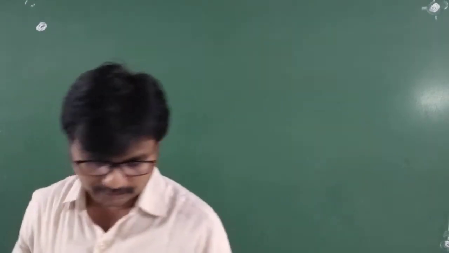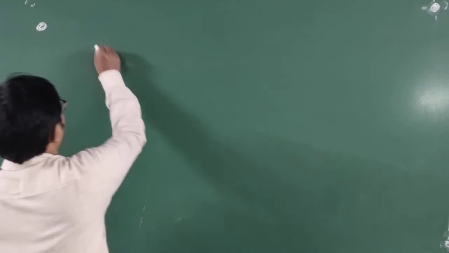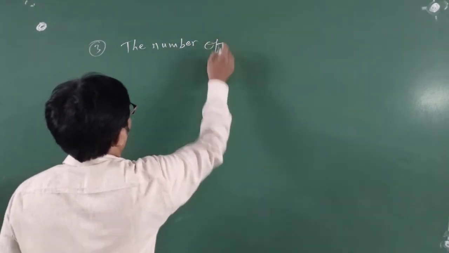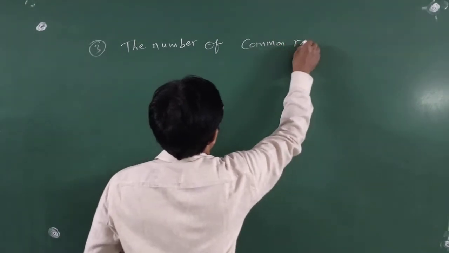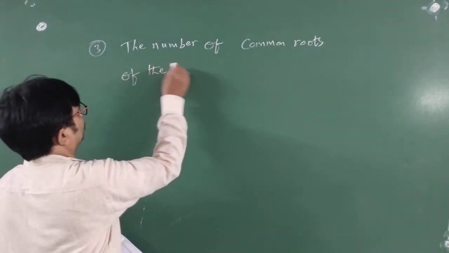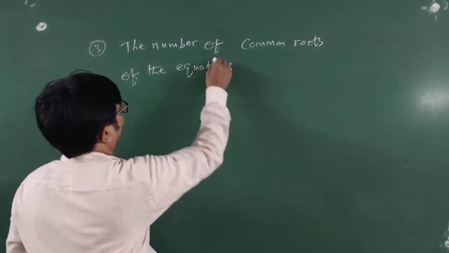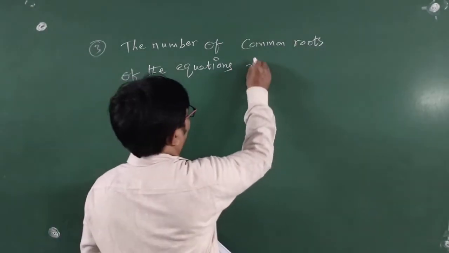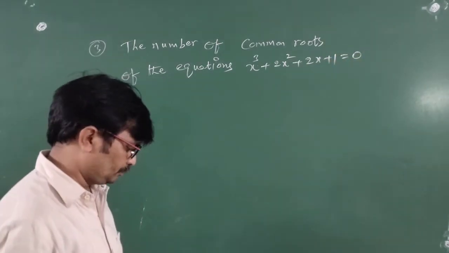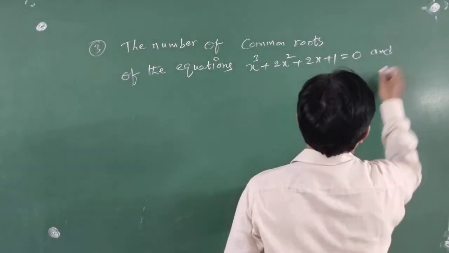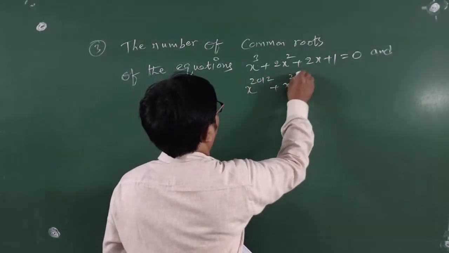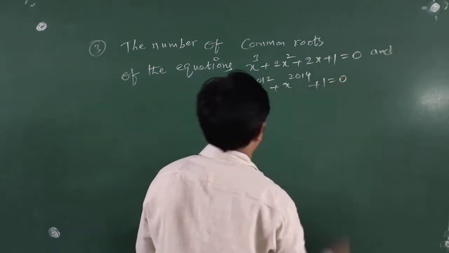Now students, question number 3. The number of common roots of the equations x cube plus 2x square plus 2x plus 1 equal to 0 and x power 2012 plus x power 2014 plus 1 equal to 0.